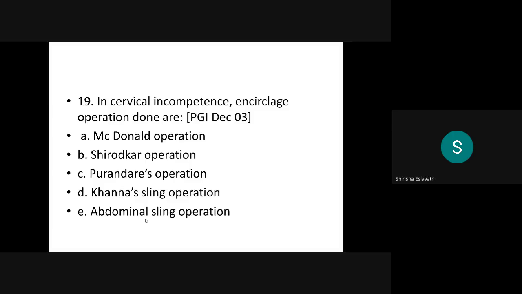So in a prolapse of the uterus, especially in a young female where you don't want to go ahead with the hysterectomy or the vaginal hysterectomies, you want to save the uterus for her fertility, you just do these sling operations to pull up the uterus and hold it by some sort of sling which is attached to the abdominal wall or the pelvic wall through some muslin tape or something like that. So these three operations are done for prolapse, whereas McDonald's and Shirodkar's are done for cervical incompetence.